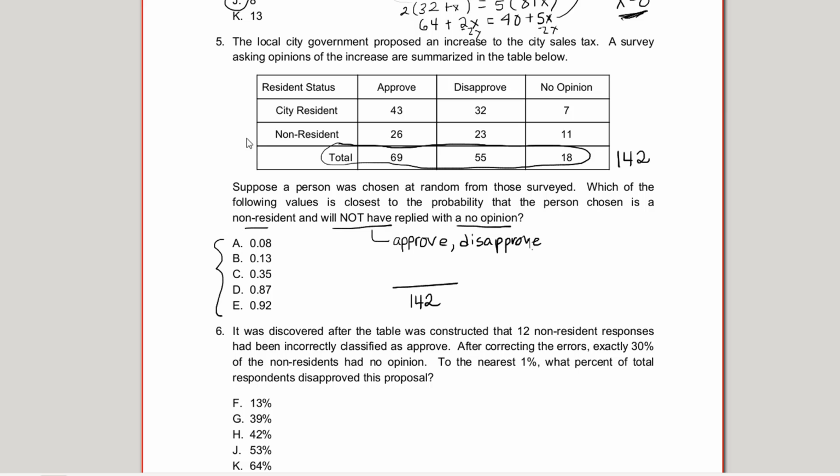So we go to our non-resident line, and we're looking at the approvals and the disapprovals. That's 26 plus 23, which gives us 49 over 142. We can put that into our calculator, and we get approximately 0.345, which rounds up to 0.35, and that is answer choice C.